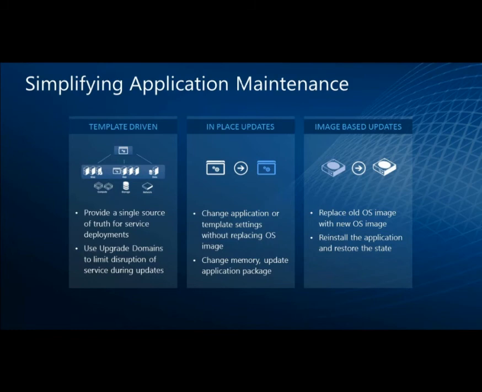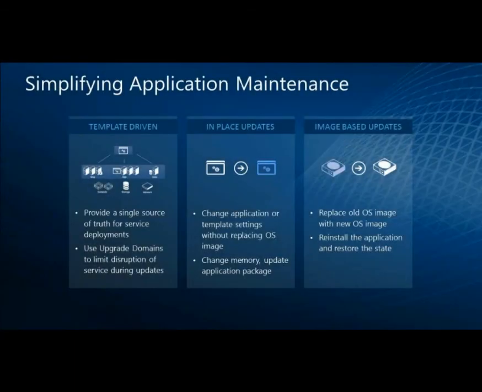An in-place update is something I would use if I was changing a particular setting inside the virtual machine. Maybe I wanted to go from a small amount of RAM to more RAM, or from a small number of processors to more processors, or change a setting around the hardware, maybe add a new network adapter. The other reason I would use in-place updates is if I wanted to change an application.